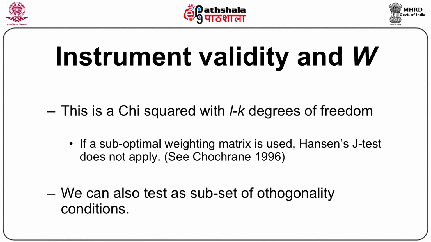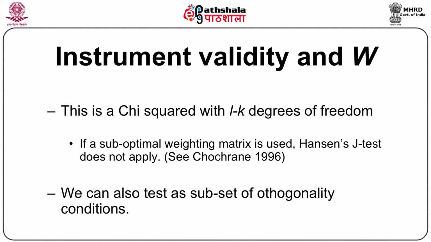So, you can test whether the above expression follows a chi-square distribution with L minus K degrees of freedom. Now, if a suboptimal weighing matrix is used, the Hansen J statistic does not apply. So, the Hansen J statistic will be applied if and only if you consider the optimal weighing matrix.